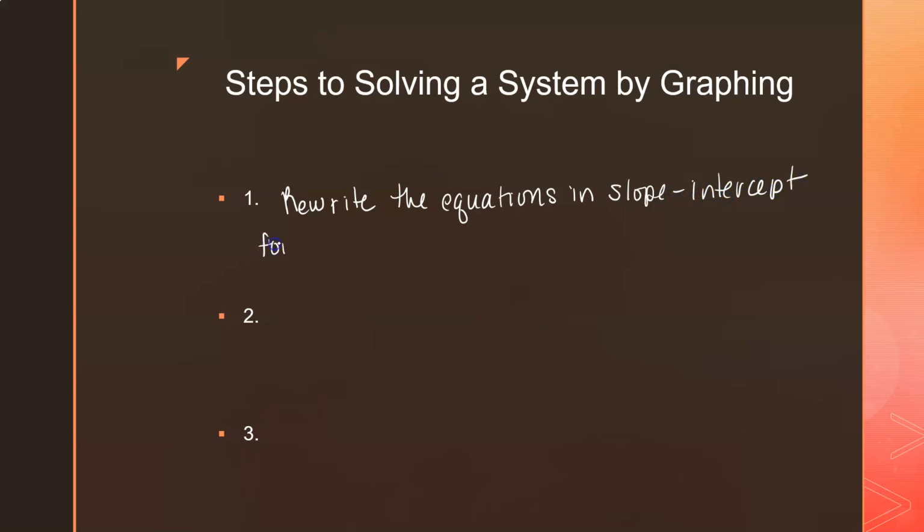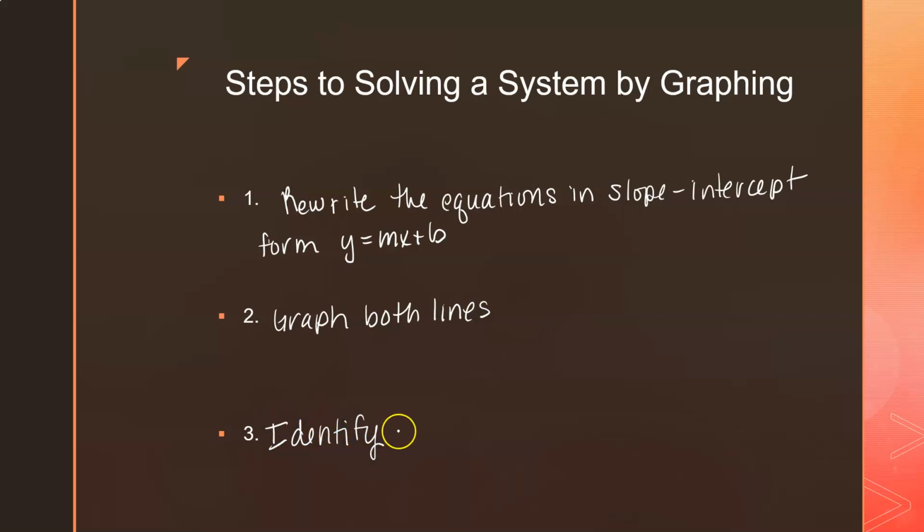In case you don't remember what that is, it's our friend y equals mx plus b. Then you're going to graph both lines. And then you're going to identify the solution or solutions.